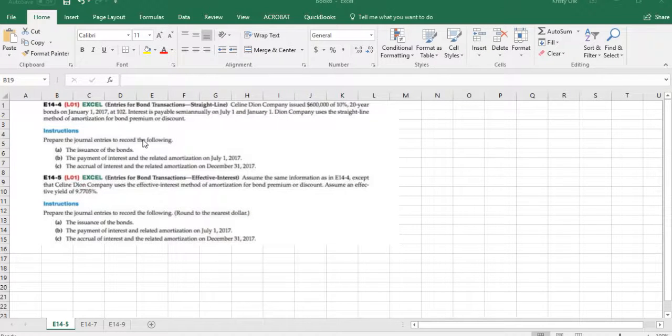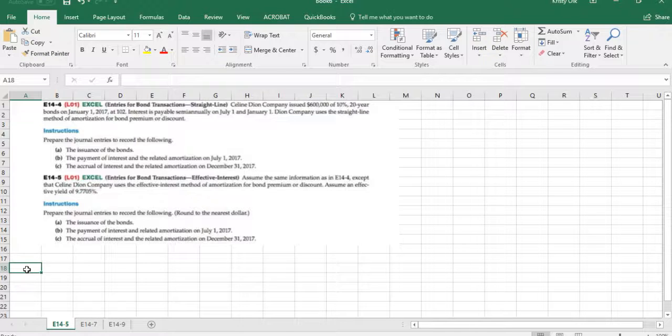You'll notice that I have pasted in here all the information in regards to this specific problem. The information for the problem is 14.4, but we are completing 14.5.